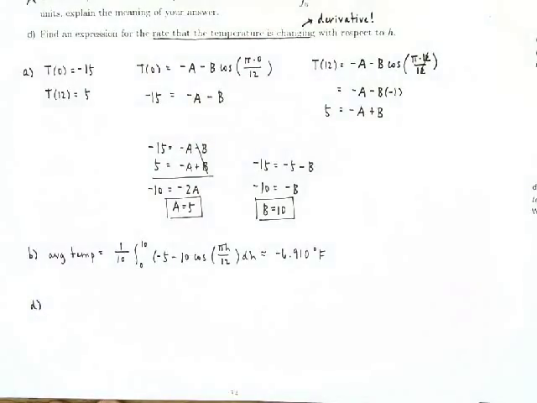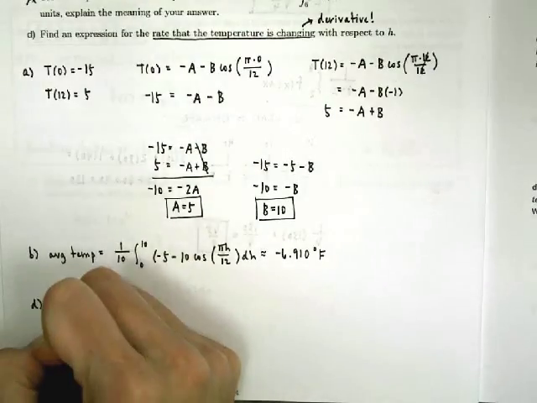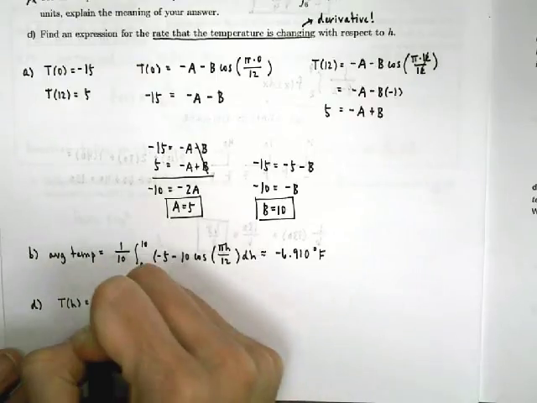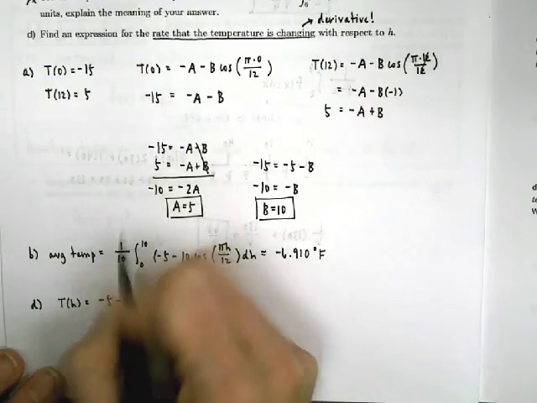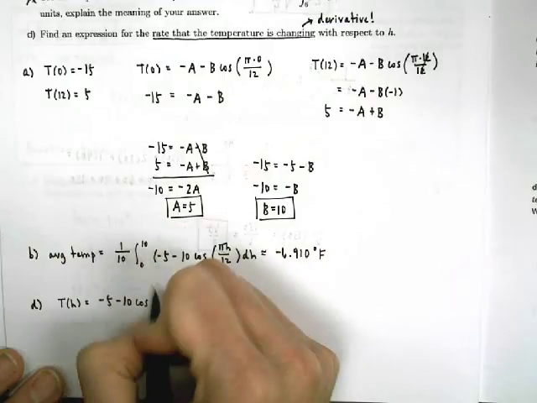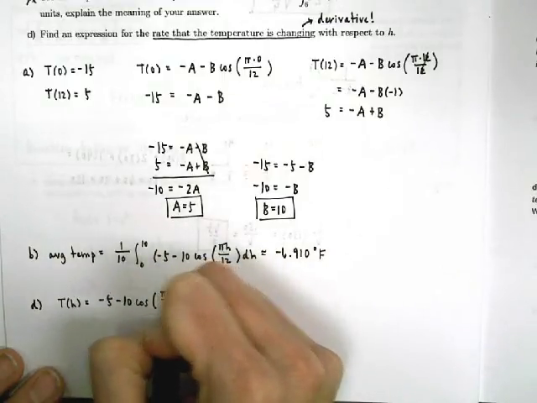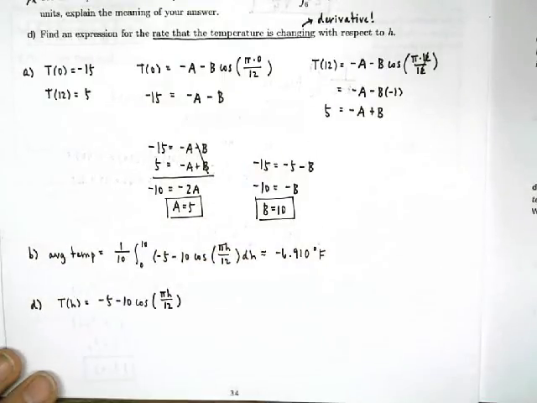So I just need to find the derivative of my temperature formula. I know that T of H is negative 5 minus 10 times the cosine of pi H over 12. So we're going to go ahead and find T prime of H.